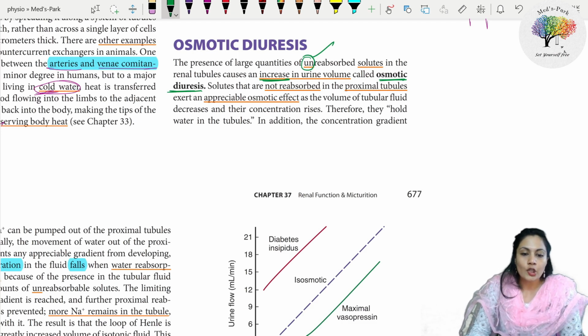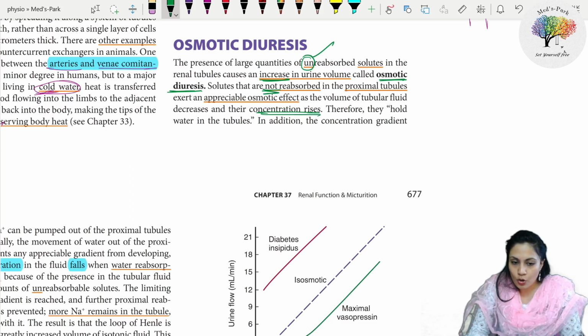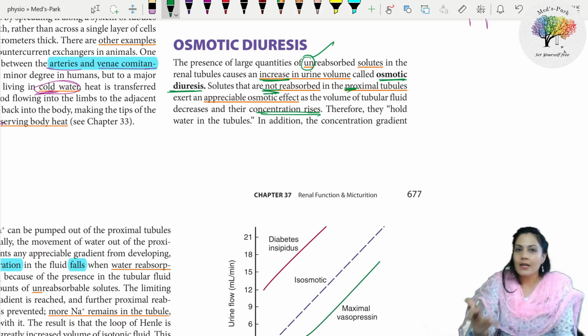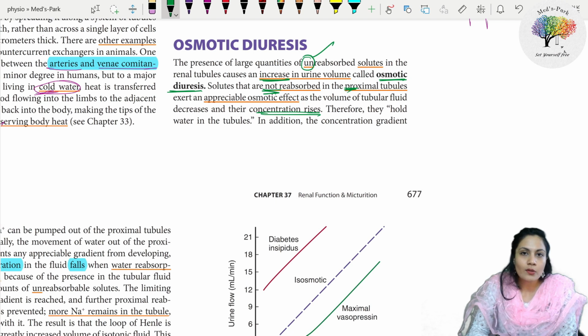Solutes that are not reabsorbed in the proximal tubule exert an appreciable osmotic effect as the volume of the tubular fluid decreases and the concentration rises, right? If the solutes are not reabsorbed in the PCT because they are unreabsorbable, that is the condition that we are putting over here, right? So what is going to happen?